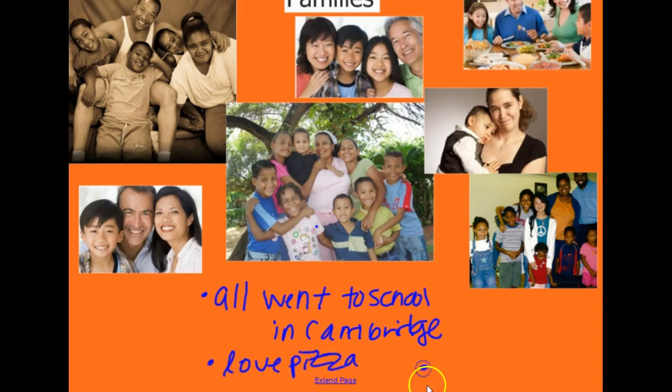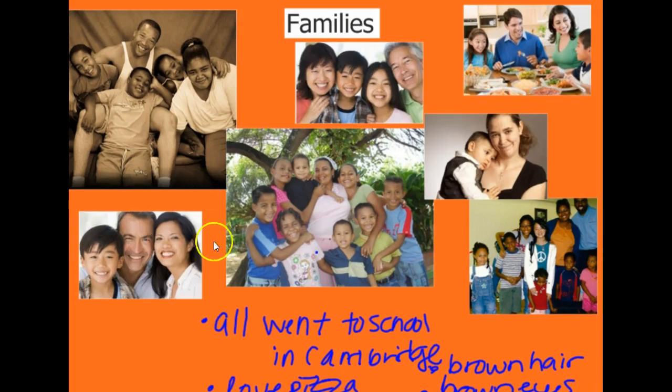And me and all of my siblings all have brown eyes and we all have brown hair. So these are just a couple characteristics of things that me and my family have in common. So think about things that you might have in common with your family.